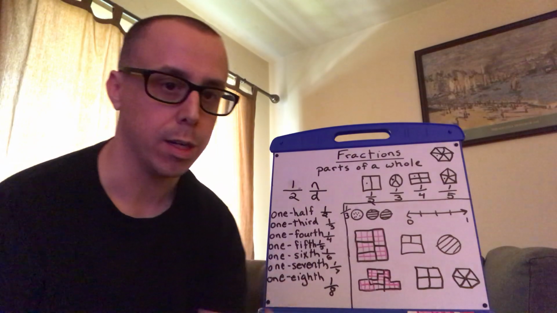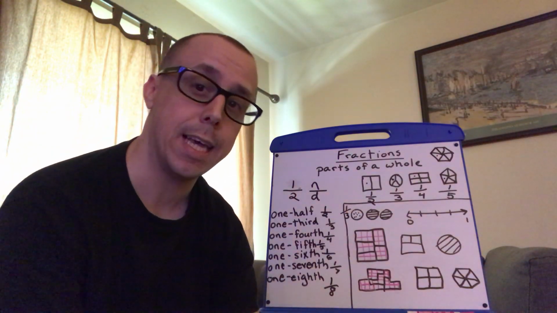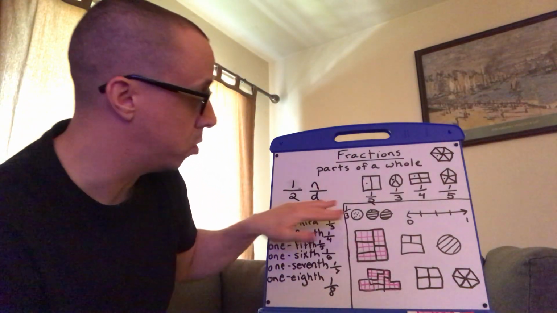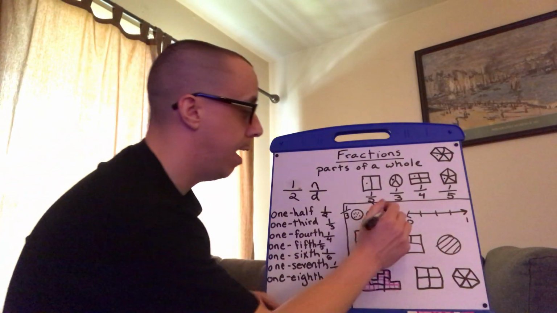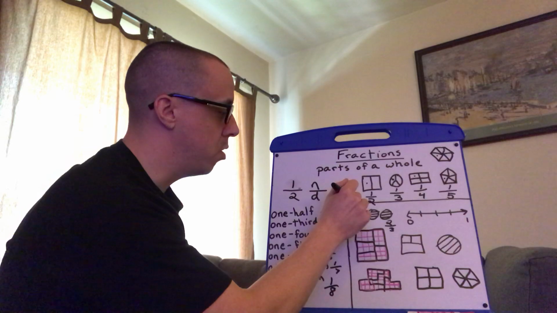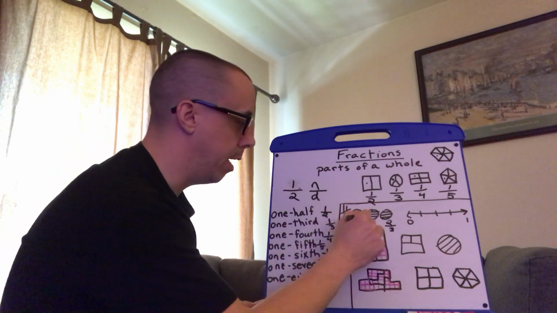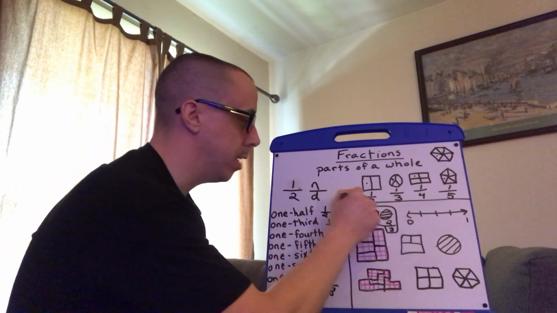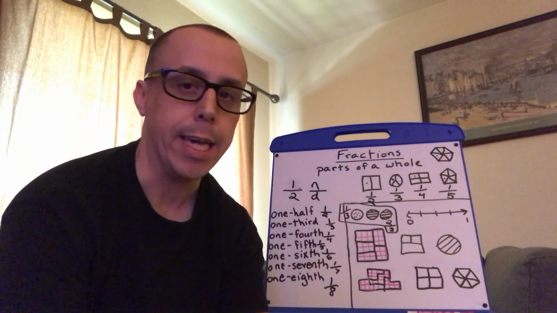If I wanted to talk about how many had stripes, I would say that it was 2/3 because 2 out of the 3 have stripes. All right, so that's another way that you can look at fractions. It can be a part of a group.